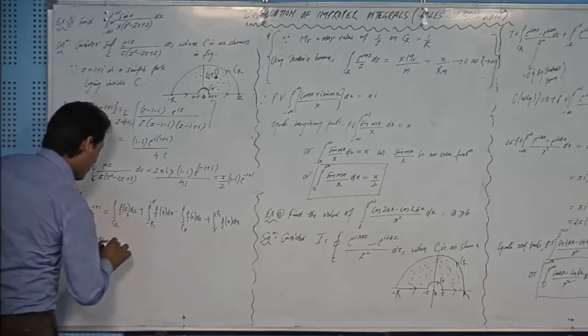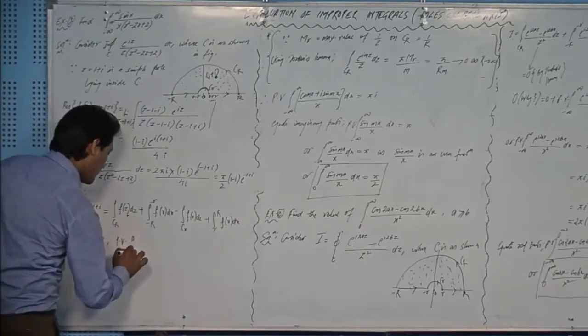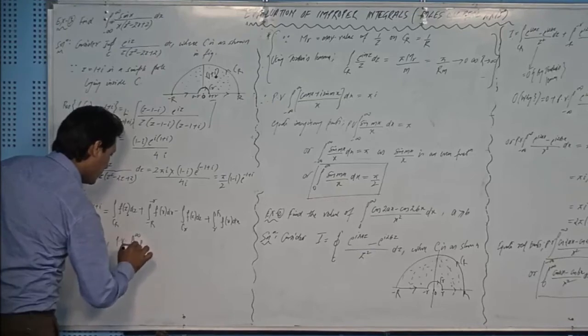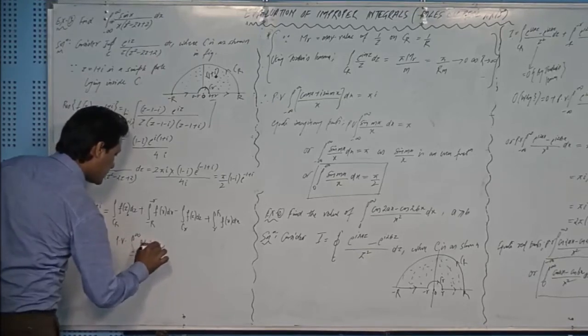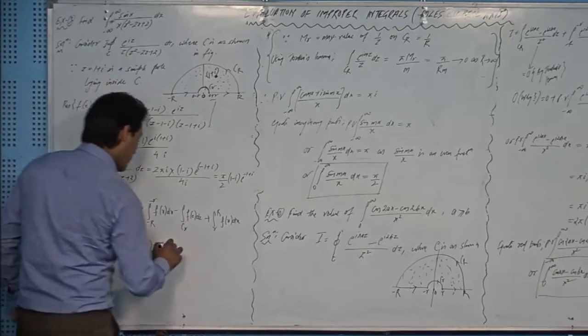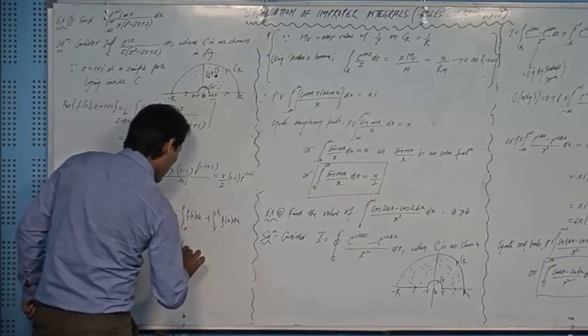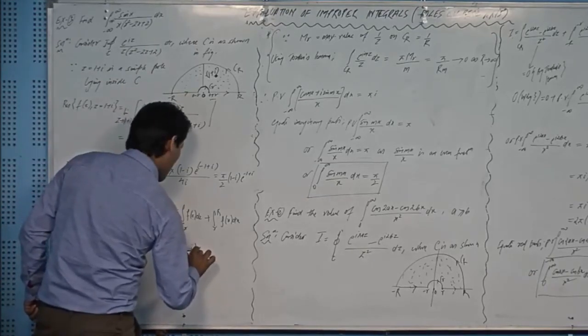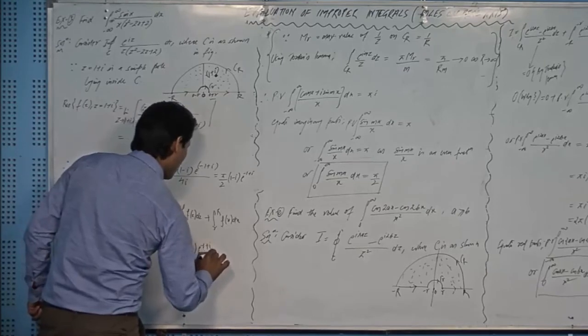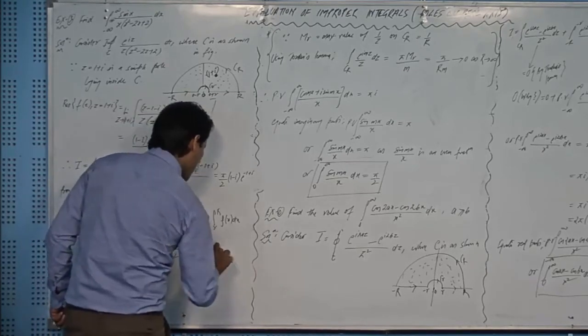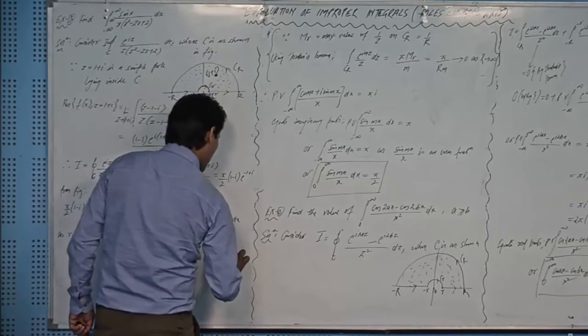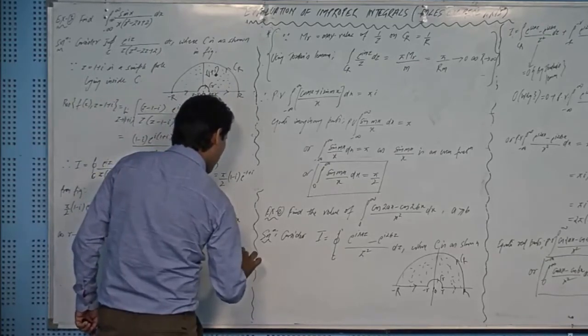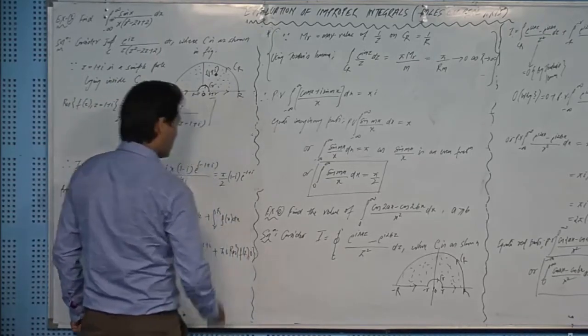So ultimately I will have the principal value of the integral from minus infinity to infinity of f(x) dx equal to pi by 2 (1 minus iota) e to the power (minus 1 plus iota) plus pi iota times the residue of f(z) evaluated at 0, right?